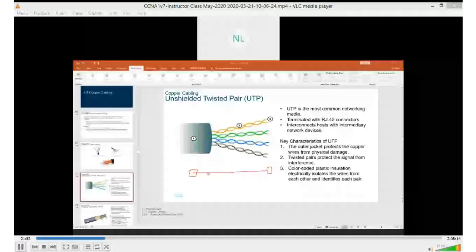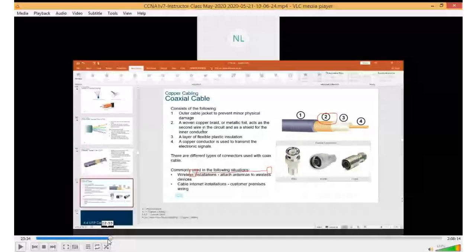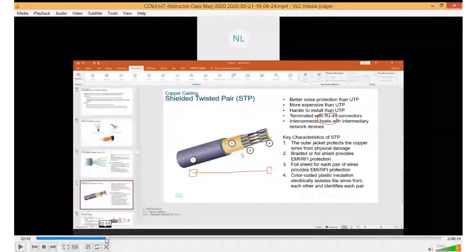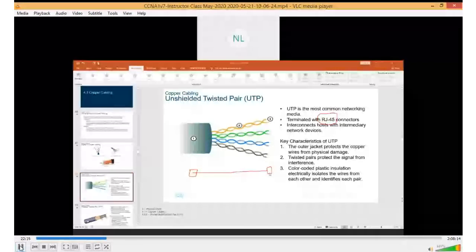For example, both shielded and unshielded use the same termination. When you have a cable starting from here to here, whatever type of cable that is, this cable will be terminated.